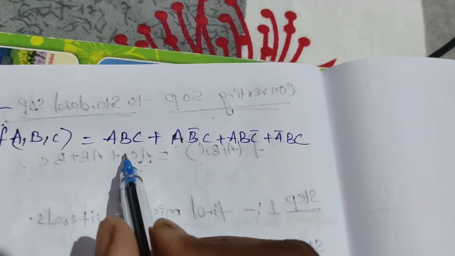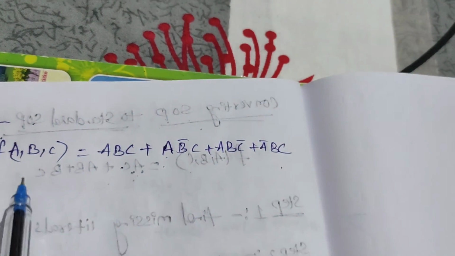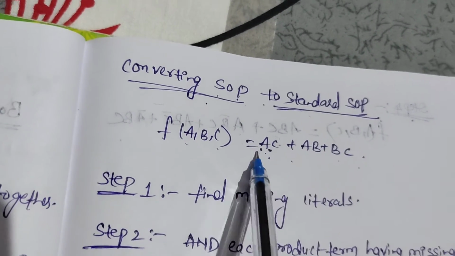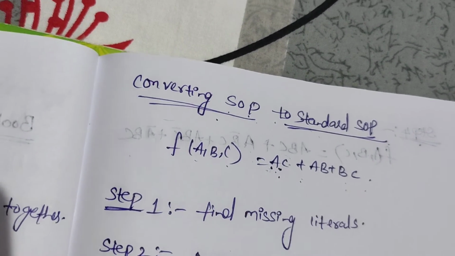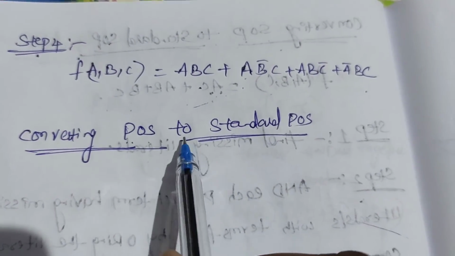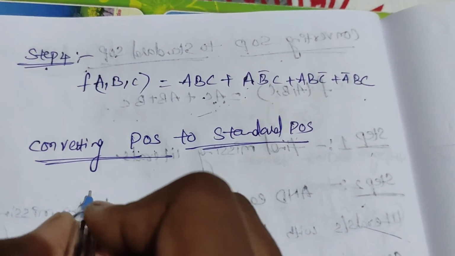So this is the standard SOP, or nothing but canonical form. So we have converted the normal sum of product equation into the standard sum of product. Similarly, a product of sum can be converted to standard product of sum, that we will see.